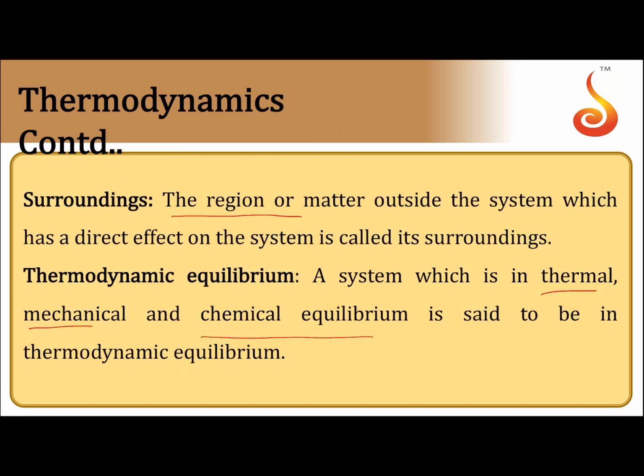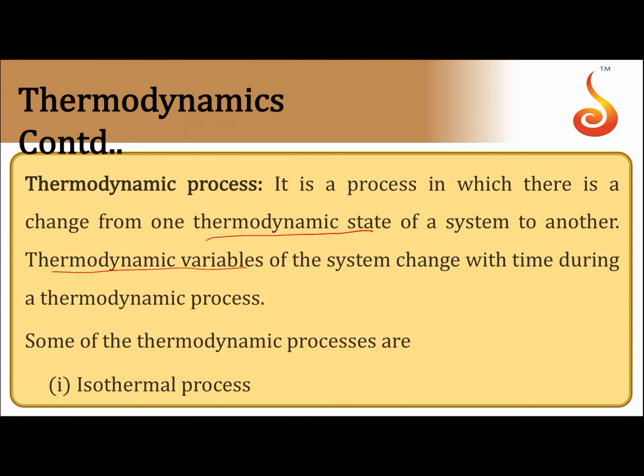Thermodynamic state is denoted by P, V and T, pressure, volume and temperature. One set of these variables forms one state. If any one of the variables is changed, then we say it is a change in thermodynamic state.